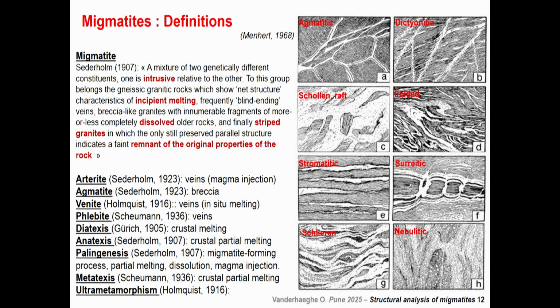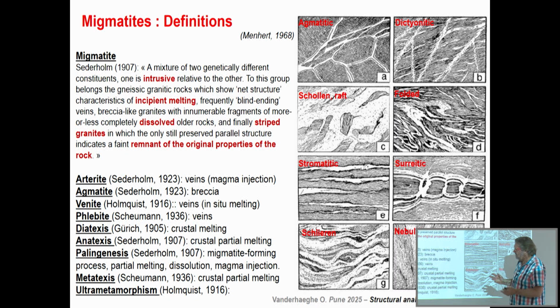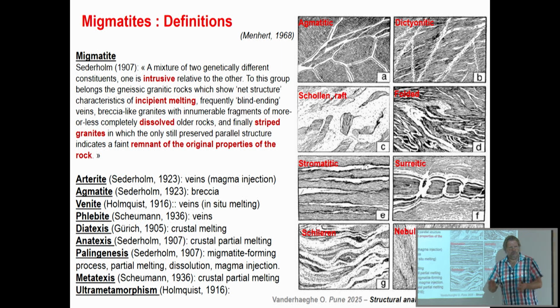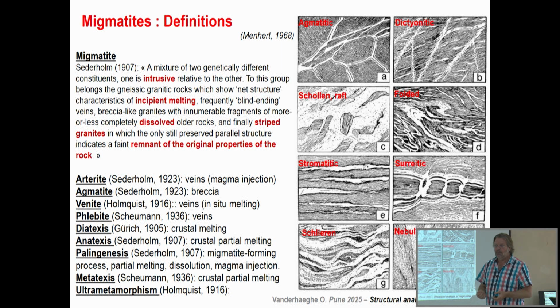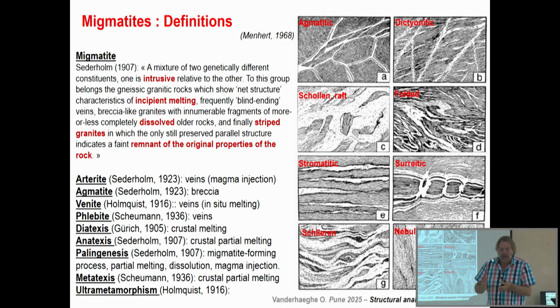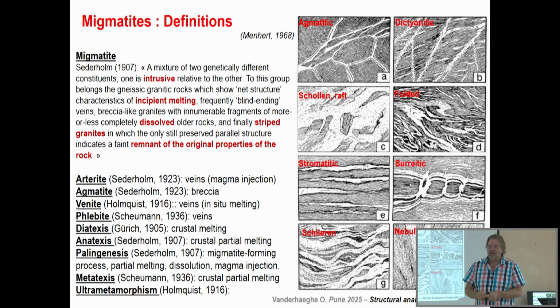And a number of words have also been associated to describe migmatites: arterite, agmatite, veinite, phlebite. Looks like you're going to the doctor. Diatexis, anatexis, palingenesis, metatexis, many terms. Again, this reflects the complexity and the difficulty to really understand what is happening. So if you're having trouble with migmatites, that's not a surprise.